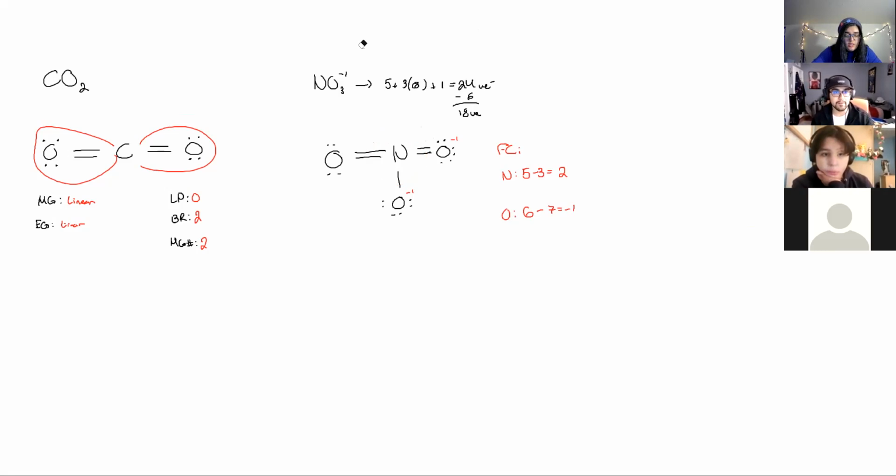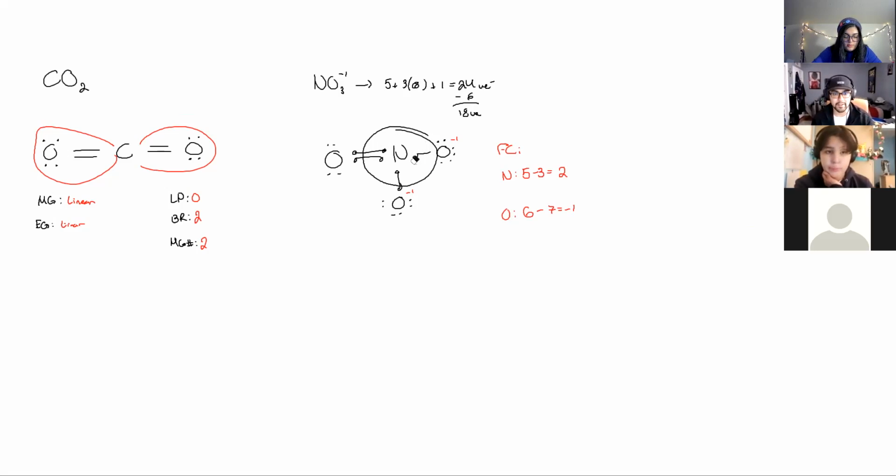If I were to make another double bond in order to cancel out, does it follow the octet rule? Does our nitrogen follow it? No, that's 10 electrons total: 1, 2, 3, 4, 5, 6, 7, 8, 9, 10. That's not following the octet rule.